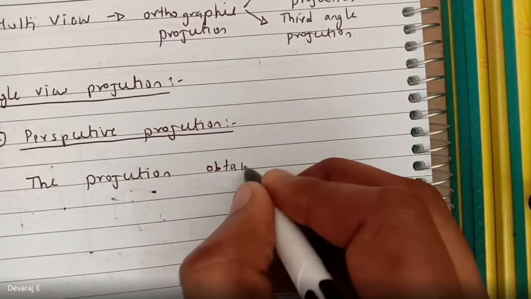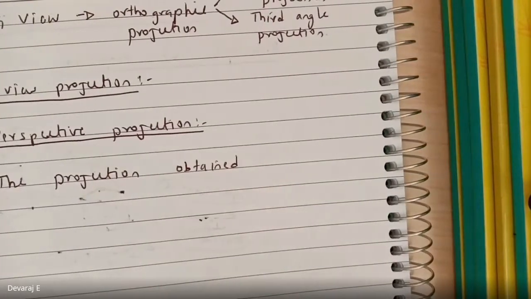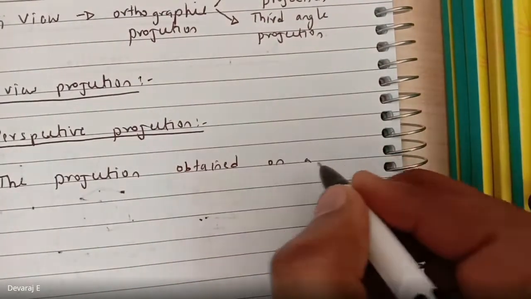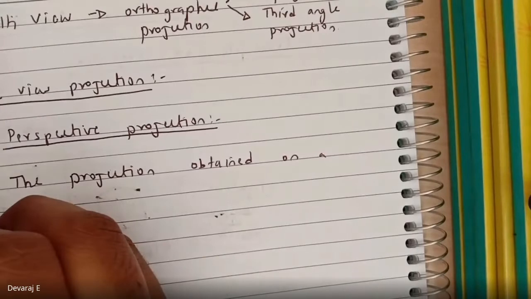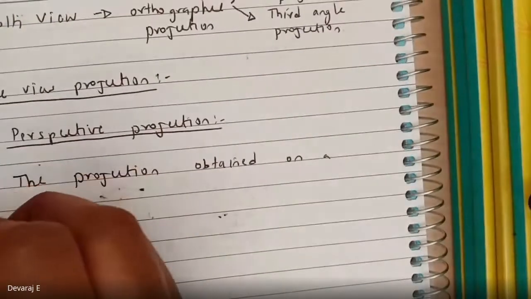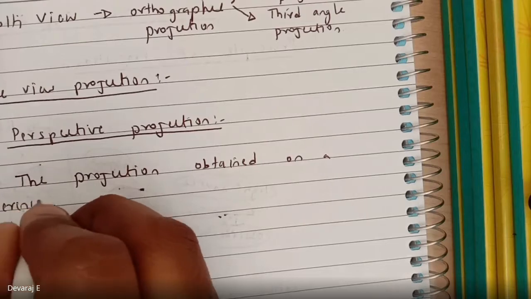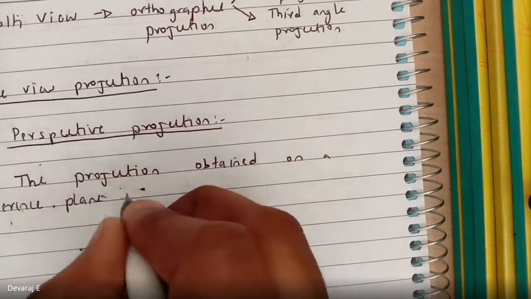Write down the projection obtained. First, write down the definition. Then I'll explain you the concept. The projection obtained on a plane, or you can say reference plane. Both are same. In different textbooks, they will mention differently, reference plane or plane.